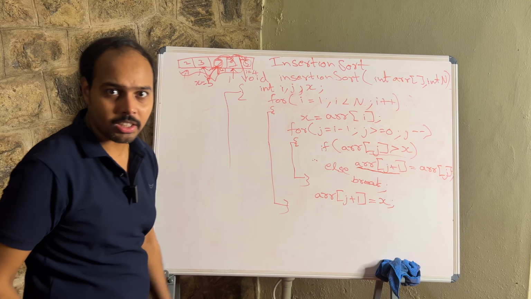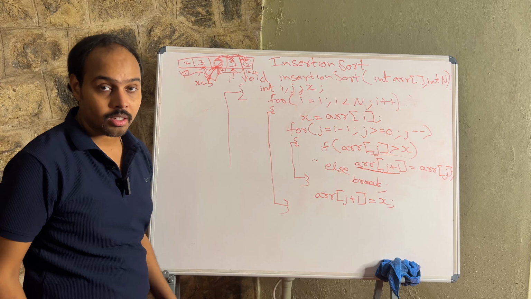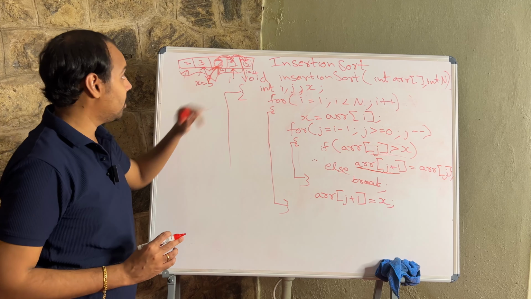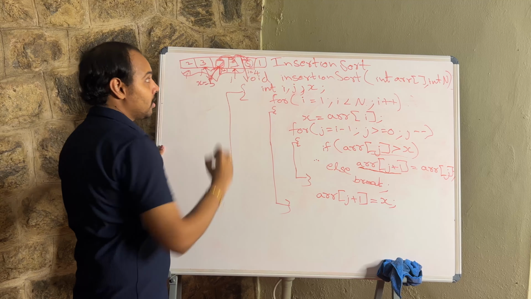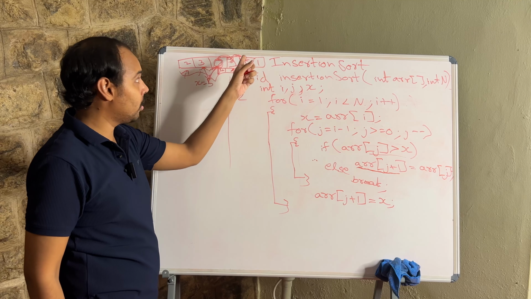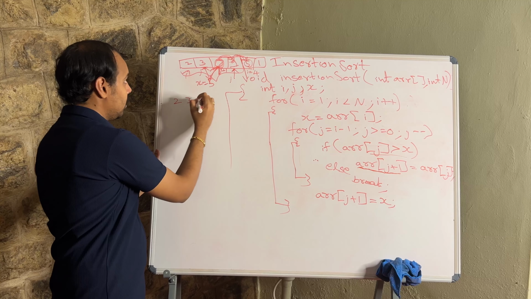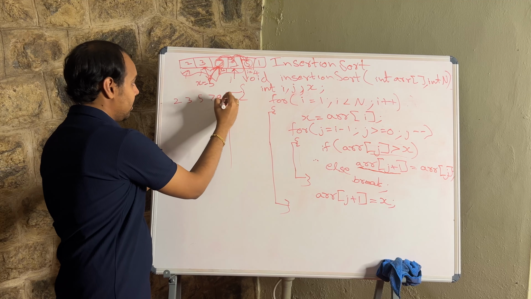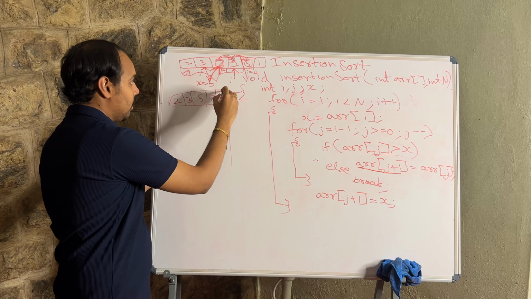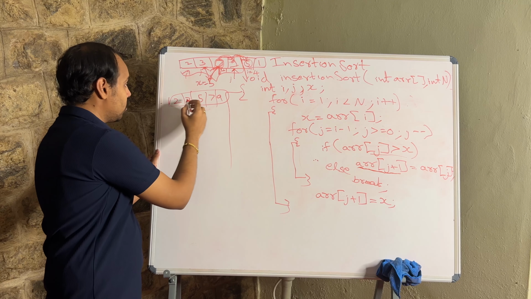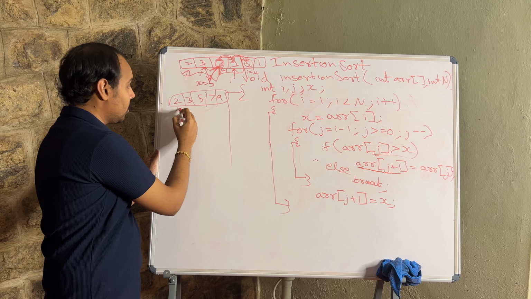What edge case did this satisfy? We could have put it here also, right, before the break. That is because if it is the smallest element, say the next element that we are going to insert is 1. Okay, so we will write it here: 2, 3, 5, 7, 9. In this array, we are going to insert 1. So it has to go till this position. j will be 0.